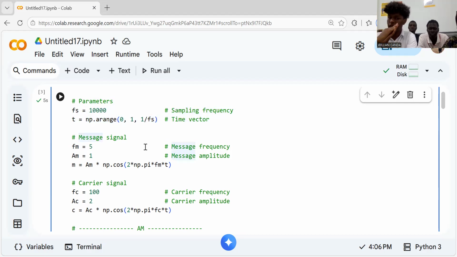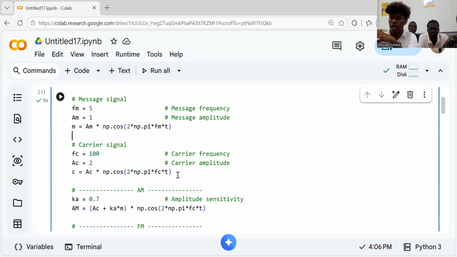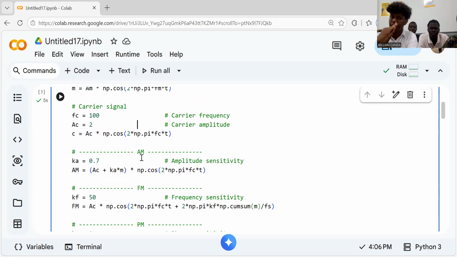For the message signal, we use a message frequency of 5 and a message amplitude of 1. The formula is m equals Am multiplied by np.cos of 2 np.pi times frequency multiplied by the time. For the carrier signal, we have a carrier frequency equal to 100, and a carrier amplitude equal to 2.